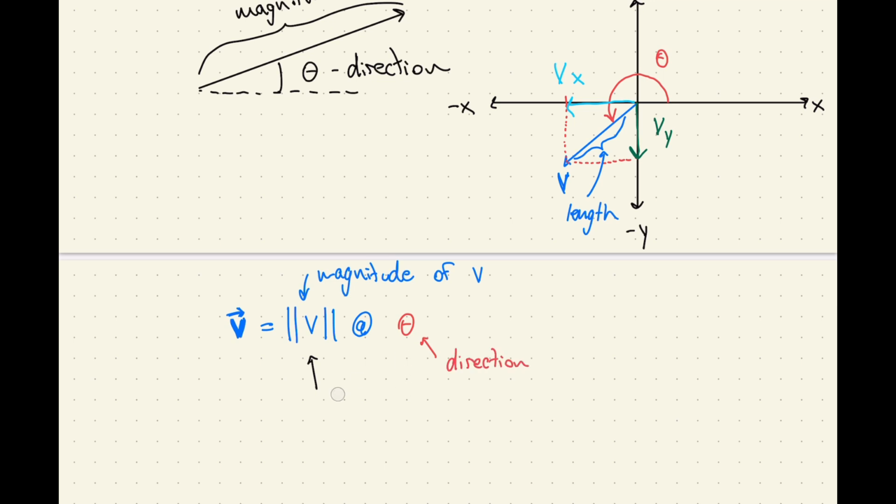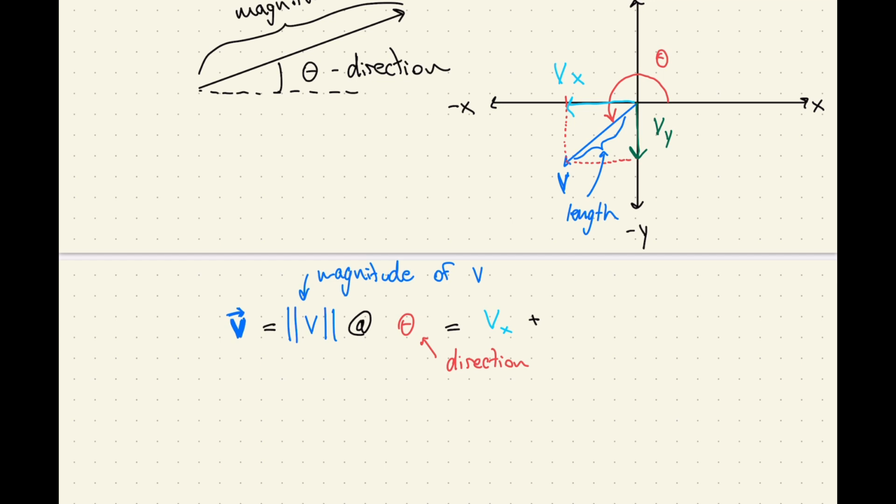Now, why I'm writing this to you guys is to show you that this way of talking about a vector is the same as, I'm going to do an equal sign here, the use of the components. So here I can write the x component, and then I can do a plus sign. Actually, I will also write this at symbol in black just to distinguish between things a bit cleaner.